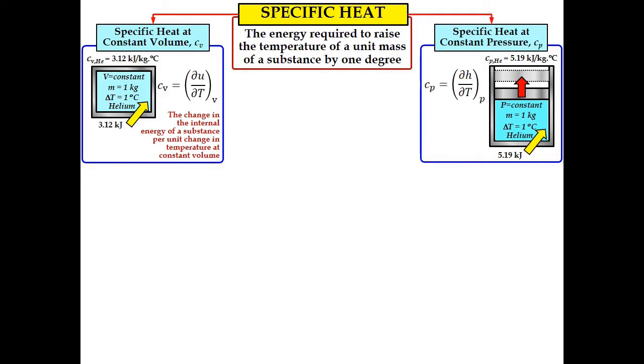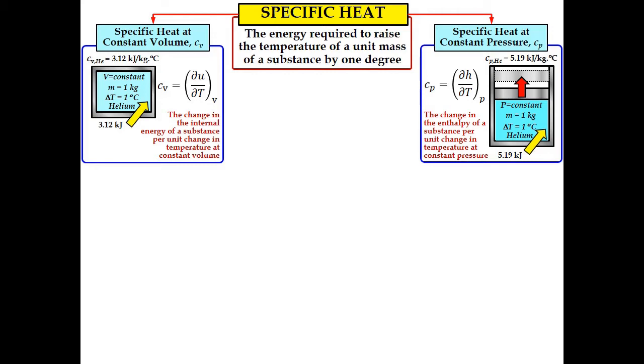In terms of relationship, CP relates the enthalpy change with the temperature, and we have subscript P just to represent that the process involved is constant pressure. The detailed definition for specific heat at constant pressure is the change in the enthalpy of a substance per unit change in temperature at constant pressure.